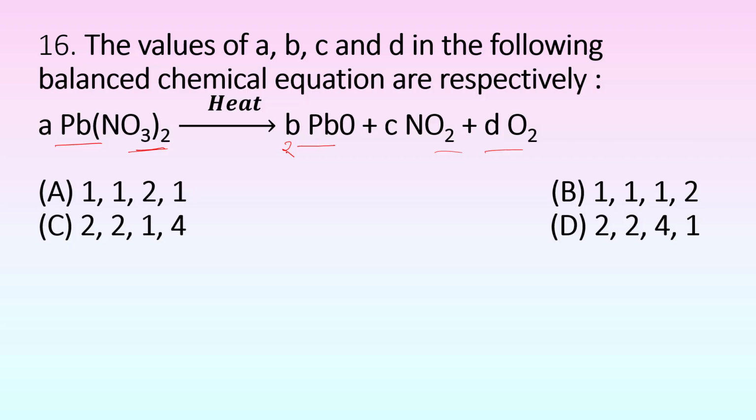If we multiply by 2, then the number of Pb is 2, so here we also multiply by 2. And then here we have 4 N and here we have 1, so here we multiply by 4, and after this it is balanced. So the answer is option D, 2 2 4 1.